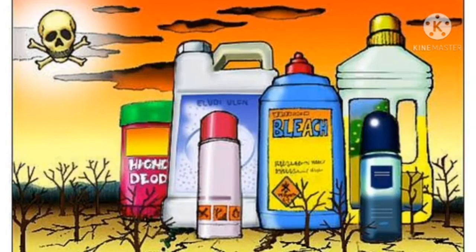When harmful chemical substances are released into the environment, whether land, air, or water, they cause extensive damage to the environment. This is referred to as pollution, and the harmful substances are called pollutants.